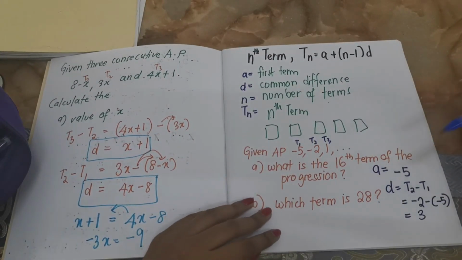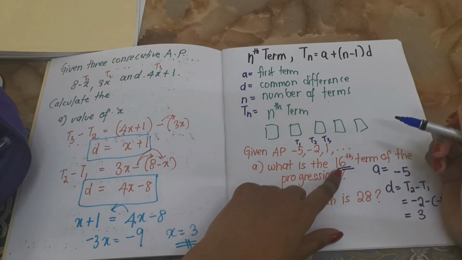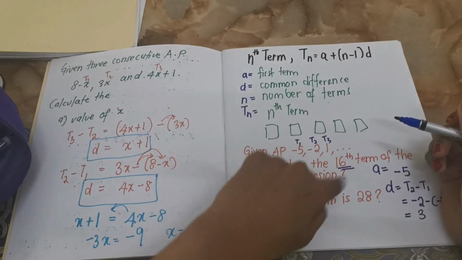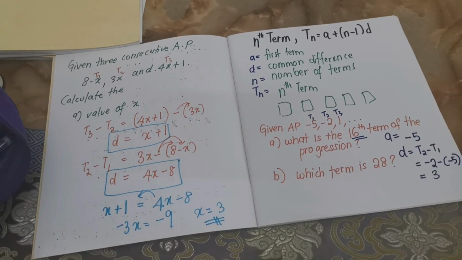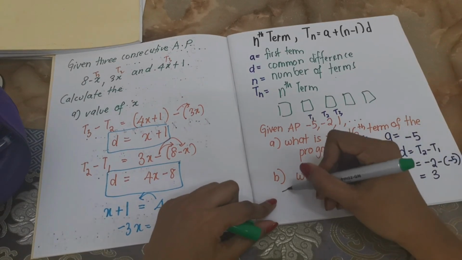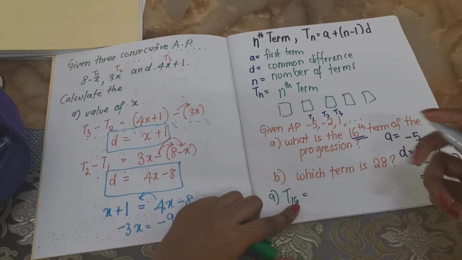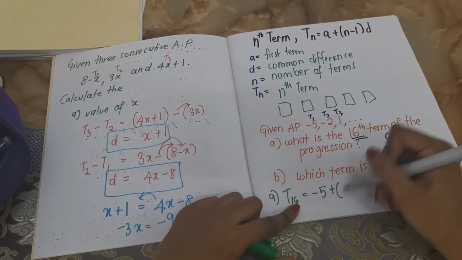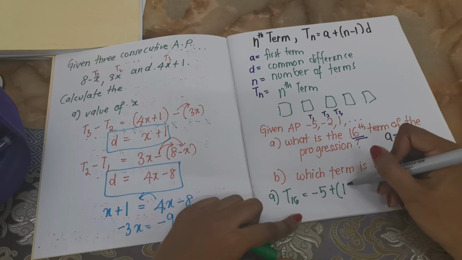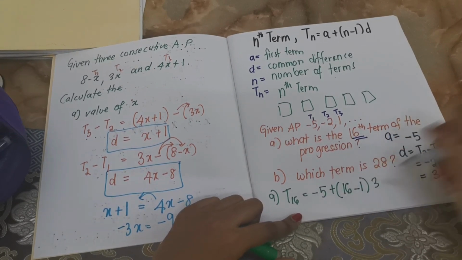So what is our n? n is 16, correct? Because we are required to find T16. So now we can write down T16 equals a, which is -5, plus n, which is 16, minus 1, d is 3.